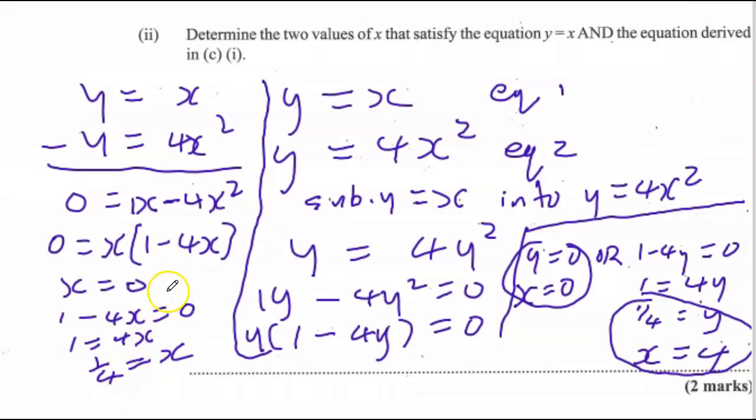And in the same way to get your y values, when x equals 0, if I substitute, then y equals x, y is also 0. And when x equal to a quarter, of course, y is equal to a quarter. So you end up with the same solutions. By the way, over here I have a correction of y equal to a quarter. I have x and x, y equal to x, so x is also a quarter.